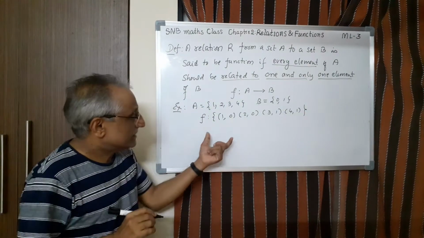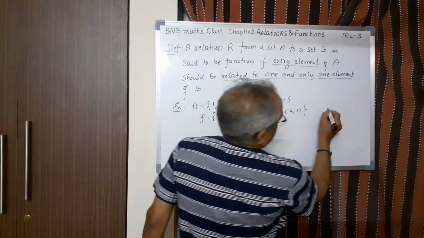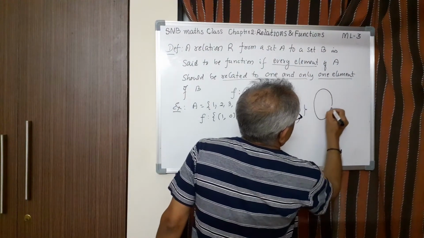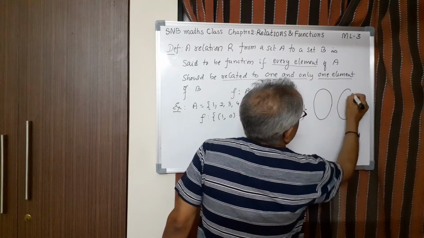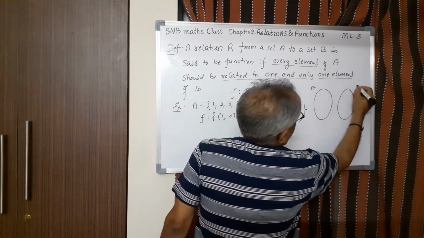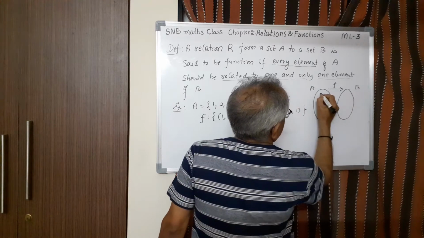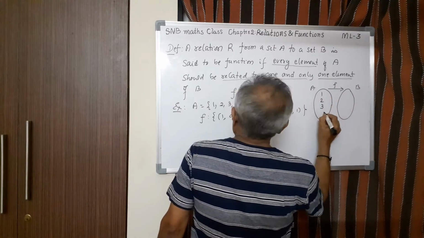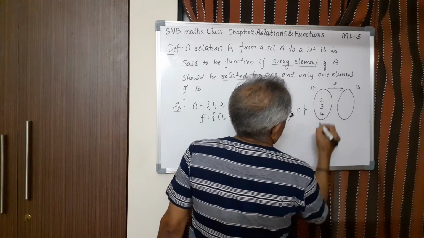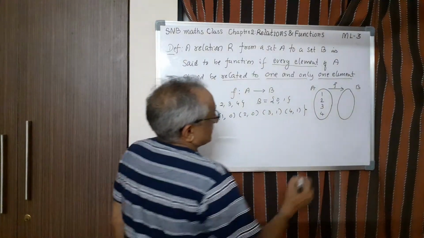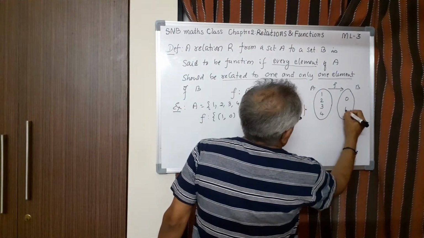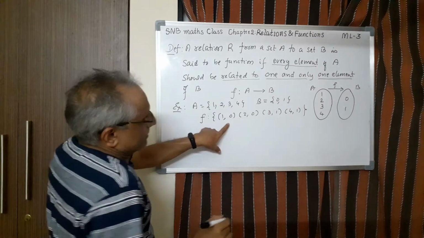Whenever you have difficulty in deciding this, the best thing is to first draw the ray diagram so that it is easy to visualize. So this is A, this is B. Just show an arrow mark, then you write here f. Say 1, 2, 3, 4. These are the 4 elements in the domain. Then here 0 and 1. So 1 is going to 0.